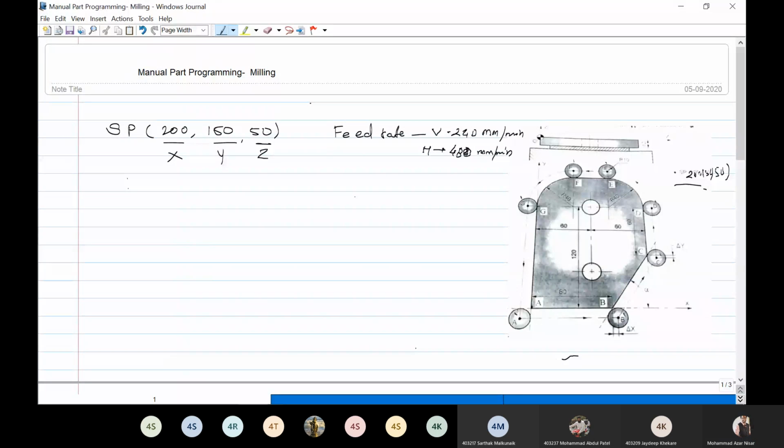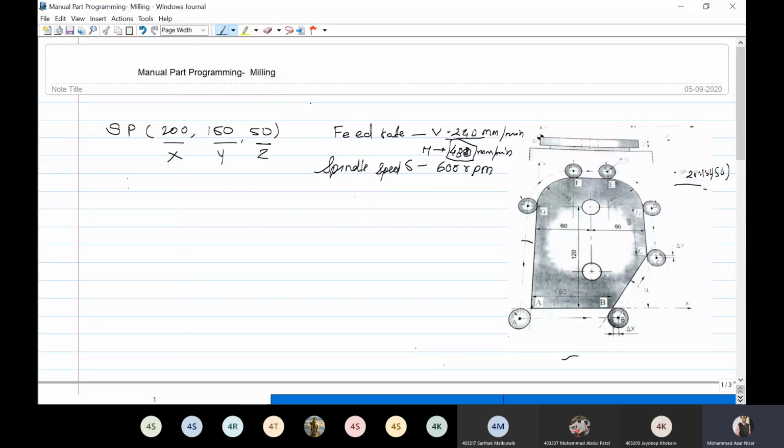And the RPM, the spindle speed, is 600 RPM given in the problem.